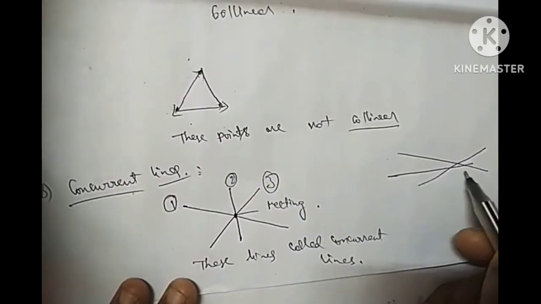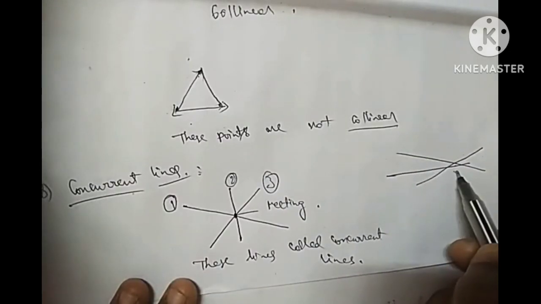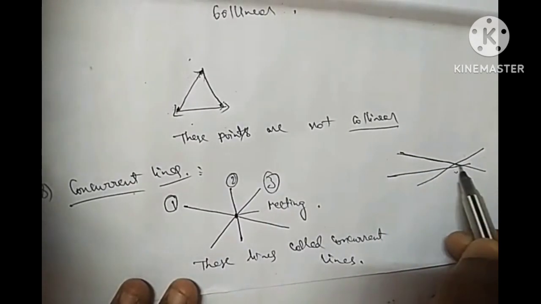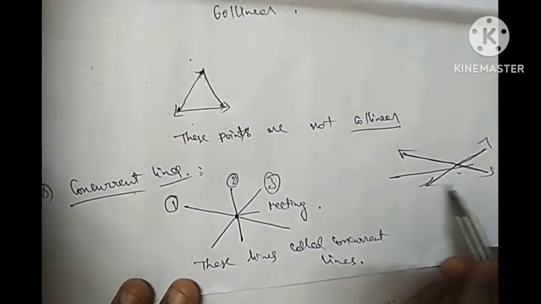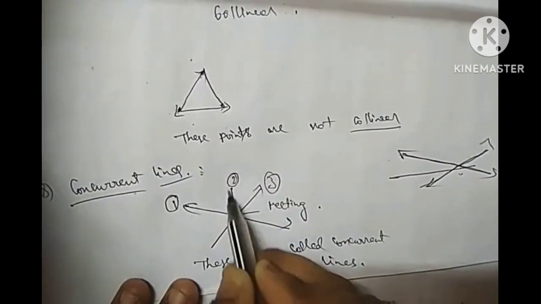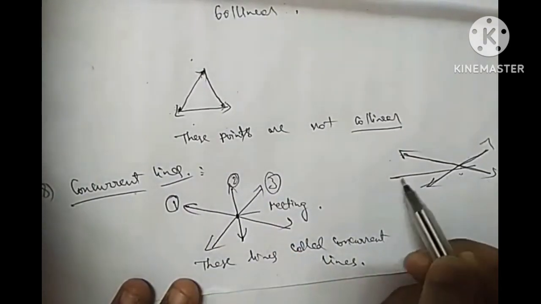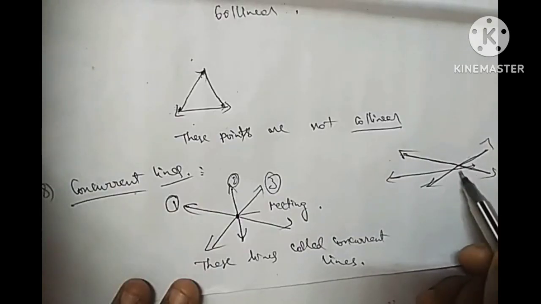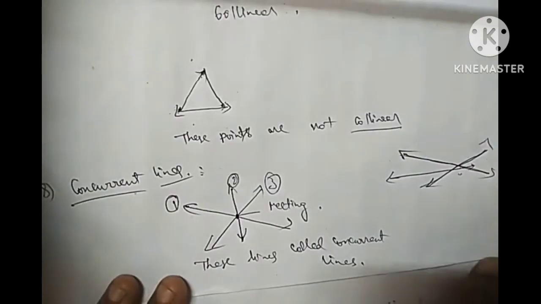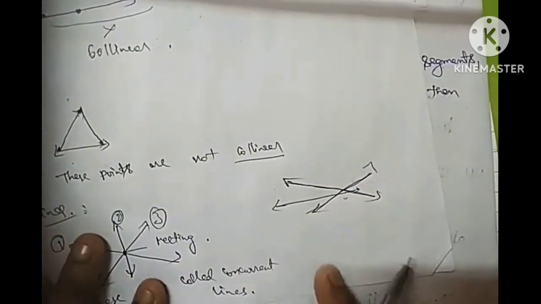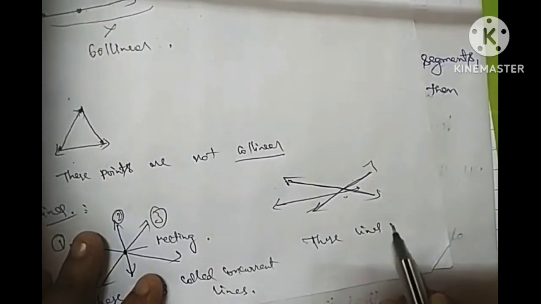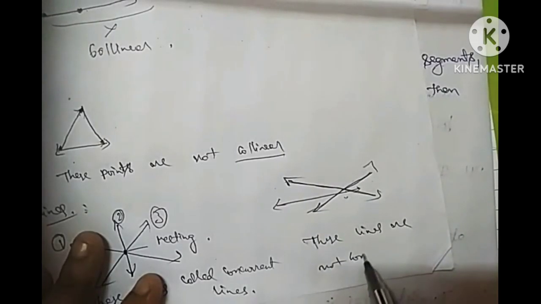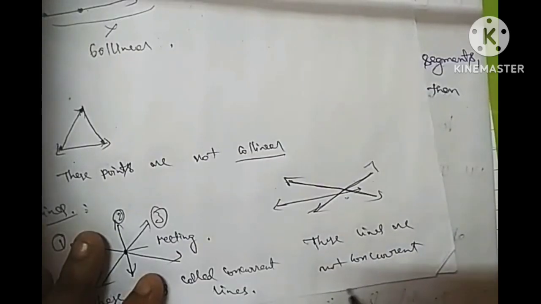Okay, if for example it is like this, here see, three lines are not meeting. Here these two lines are meeting at one point, but another line is not meeting with these two. This one went from outside of that point. So that's why these lines are not concurrent.